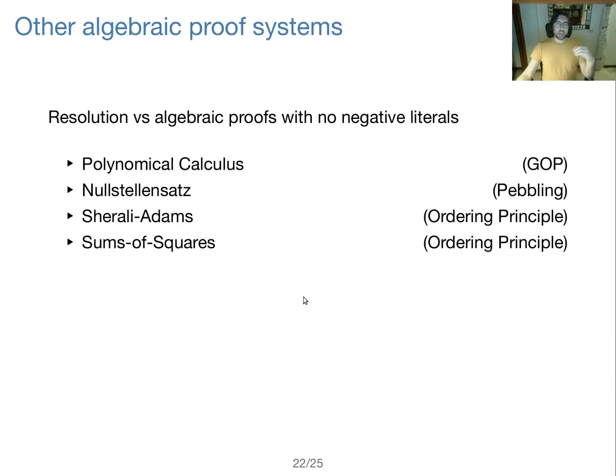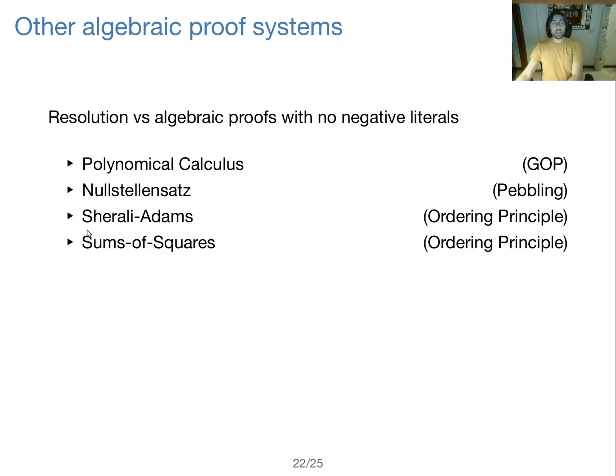Now, as I mentioned before, in the paper we discuss also other proof systems: Nullstellensatz, Sherali-Adams, and sum of squares. But the proof is more or less the same. Just the starting formula cannot be GOP, because for every proof system we need a formula which is the right level of easy and hard for that proof system.